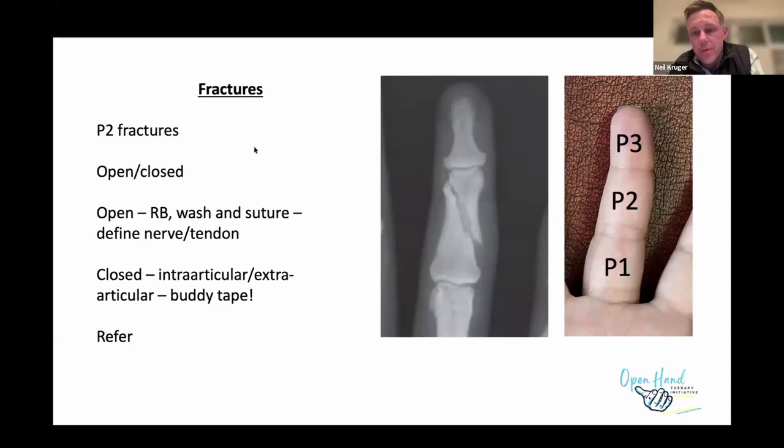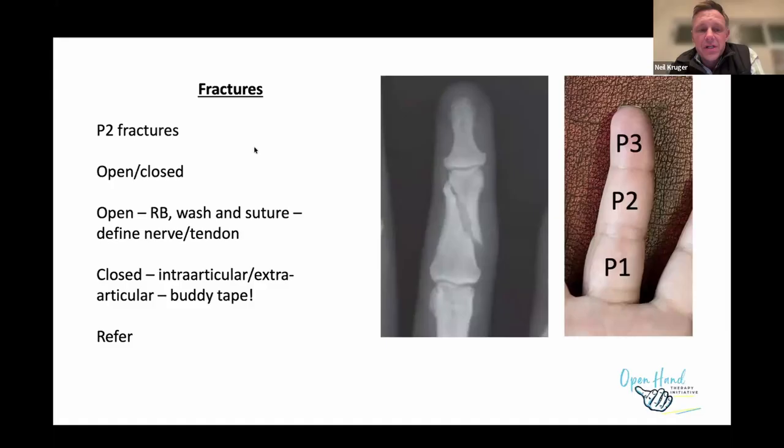It is also appropriate if you are in a resource confined setting to buddy tape this to the neighboring finger and allow that to get tacky over the first 2 weeks, and to just gently get them moving as pain allows, and that is going to heal up absolutely fine.